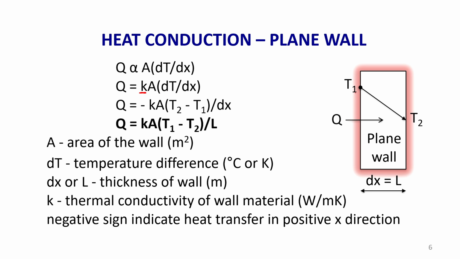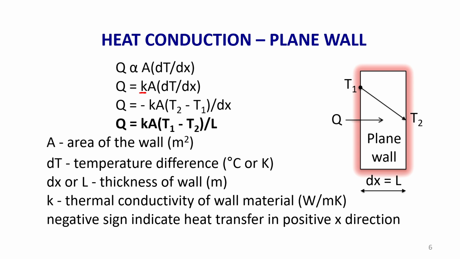Now we can write dT by dx. Generally when we write delta T, it is final temperature minus initial temperature. Here, suppose the initial state is 1 and the final state is 2, so heat is flowing from 1 to 2, that is from temperature T1 to T2. When I write delta T, it is T2 minus T1. But if you calculate T2 minus T1, it will be a negative value.